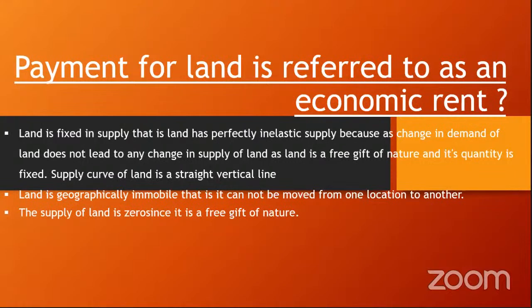But if you have your land and you own that land, you will not wake up one morning when that land has decreased out of the blue, and you will not wake up one morning when that land has increased from 1 acre to 2 acres. So that's what we mean by fixation in land.